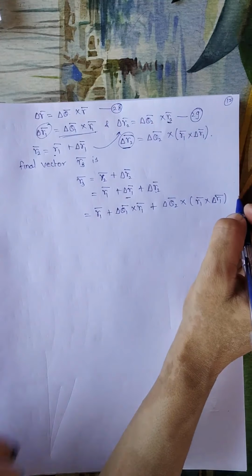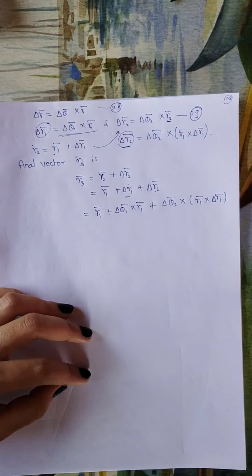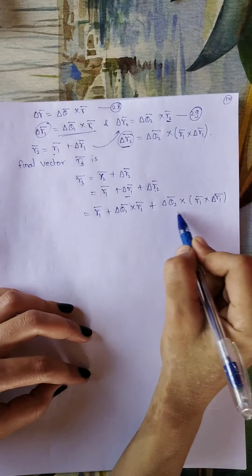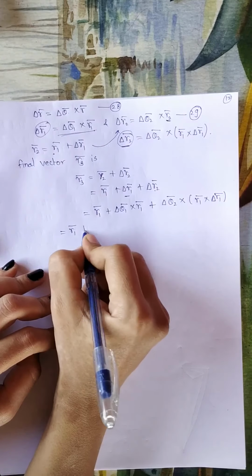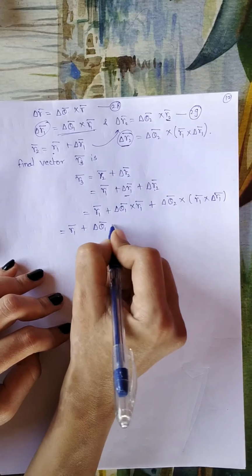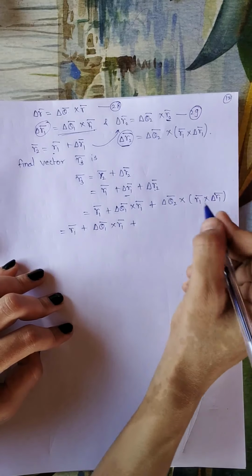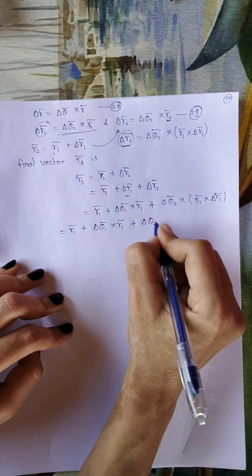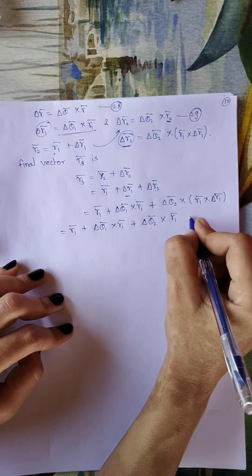Now if you observe this term and simplify, we will get r1 bar plus delta theta 1 crossed with r1 bar plus, let's solve this bracket, delta theta 2 bar crossed with r1 bar.